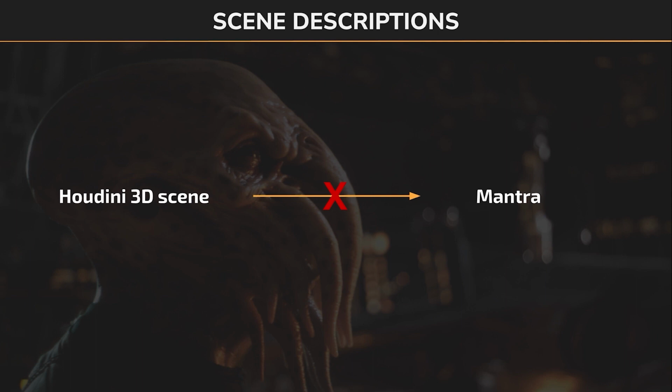In Mantra, this format is a .ifd file. This conversion file is our scene description. It describes the 3D scene in a way that Mantra can understand and render from. Most, if not every, render engine has some sort of intermediary format that the 3D scene must be converted to in order to render.